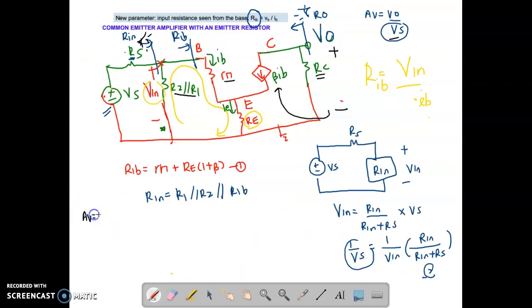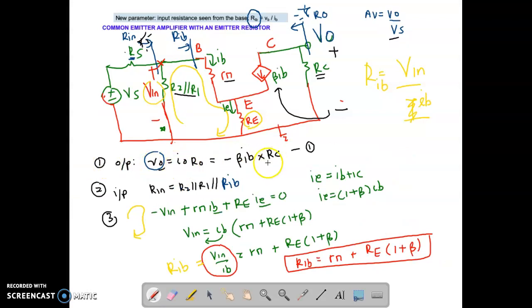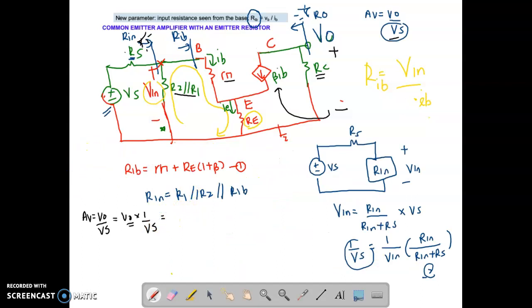Your AV equals Vout over VS. Vout over VS equals Vout multiplied by 1 over VS. So how can you get your Vout? Your Vout from the output equation is actually equal to minus beta IB RC. How you can get 1 over VS is actually 1 over Vin from this equation, Rin divided by (Rin plus RS).